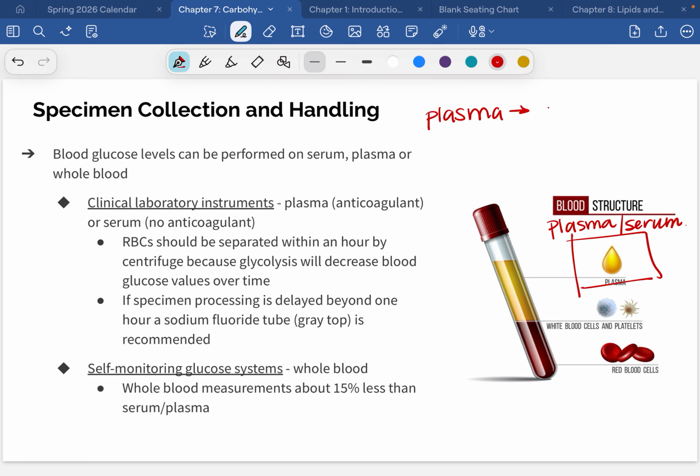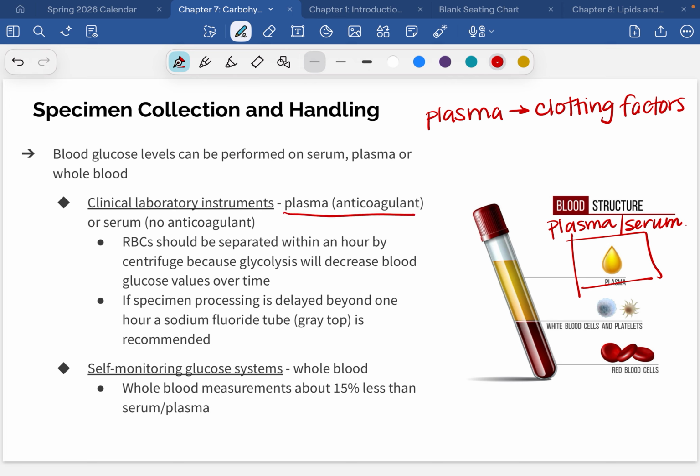is going to have clotting factors in it. We'll talk about clotting factors more later, but clotting factors are a bunch of proteins and vitamins that make your blood clot. If we add an anticoagulant to our blood, the clotting factors that would normally be used up when there is a clot will not be used up because we added an anticoagulant.